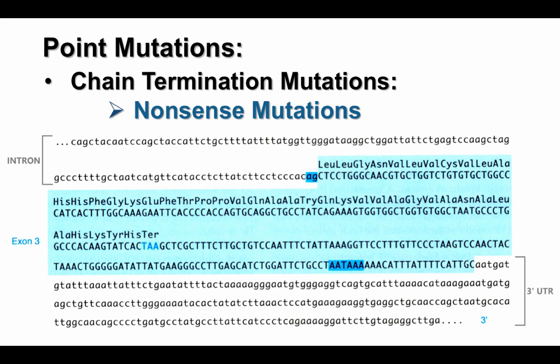Again, TAA corresponds with the stop codon in the messenger RNA transcript. Although I have it labeled directly here, stop codon, this reference is actually in relationship to the messenger RNA transcript that will result from the information on this exon.